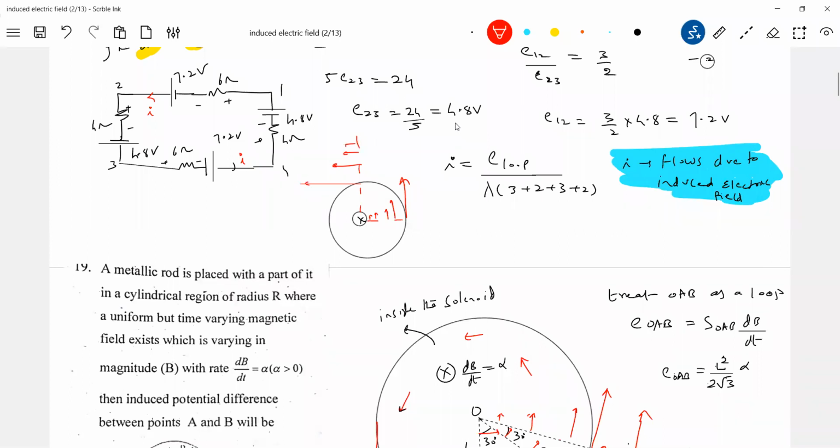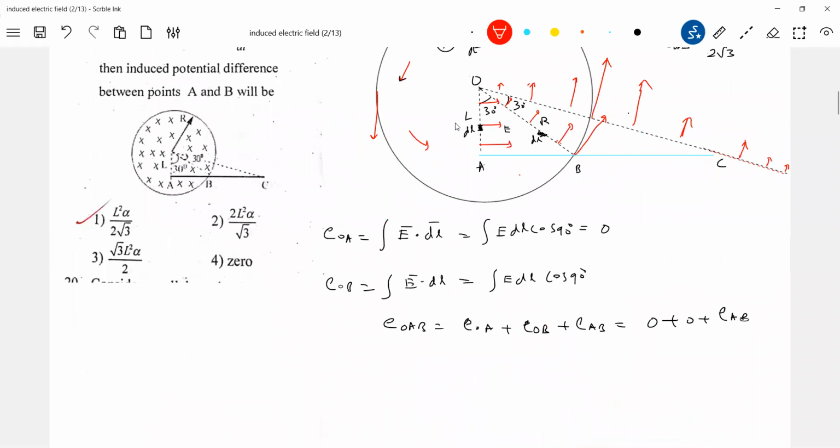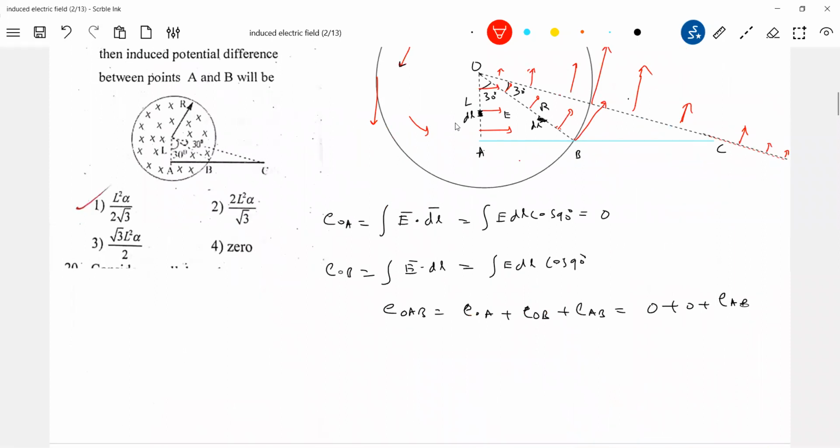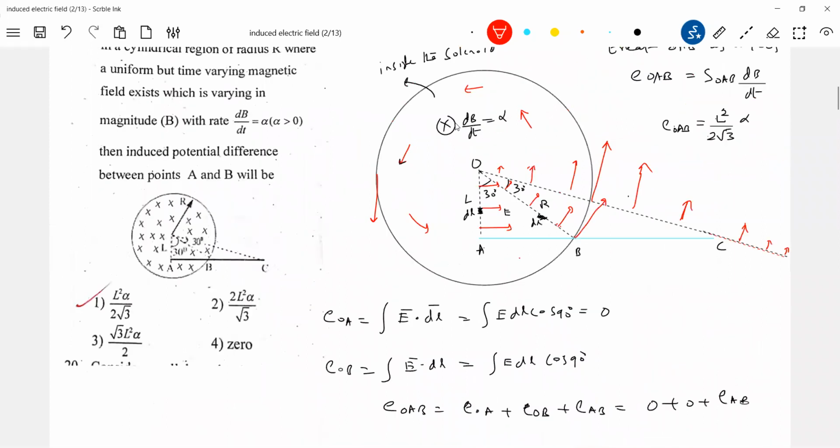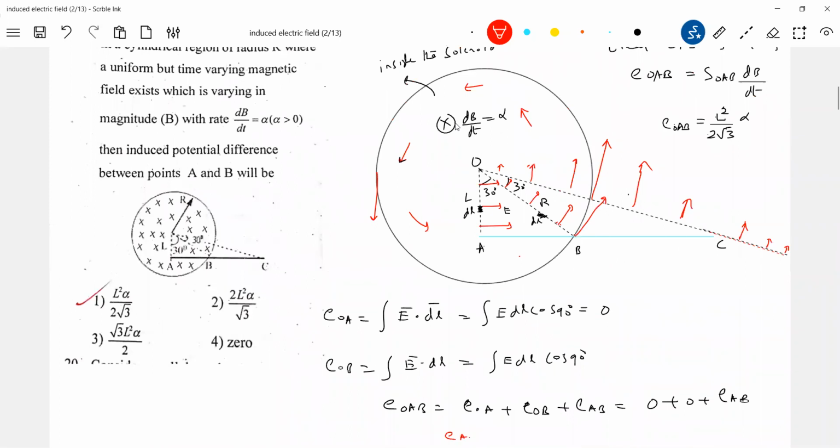Like this, it will be. Draw a circle, draw a tangent. So finally, EAB should be equal to EOAB only. This should be equal to L square alpha by 2 root 3.